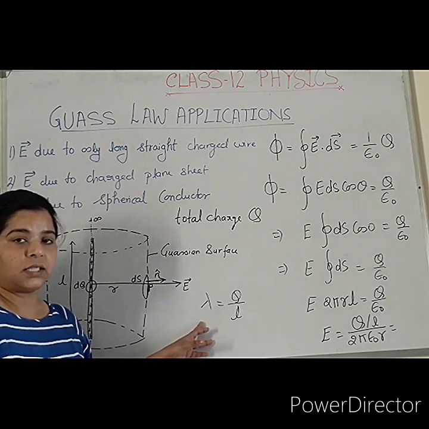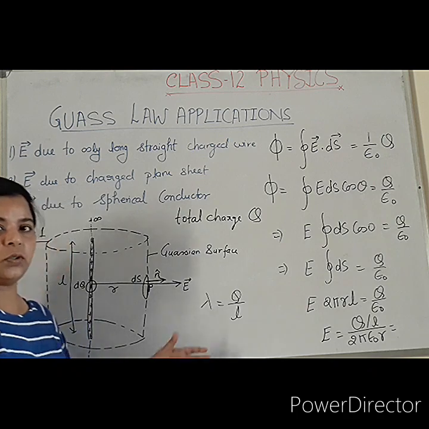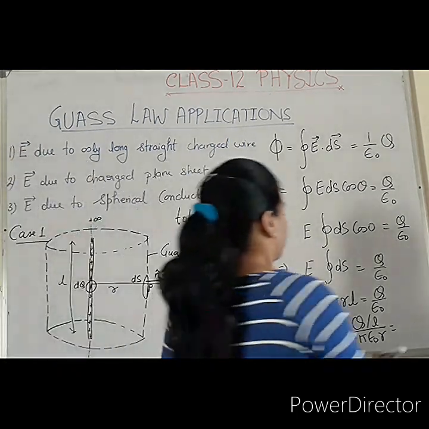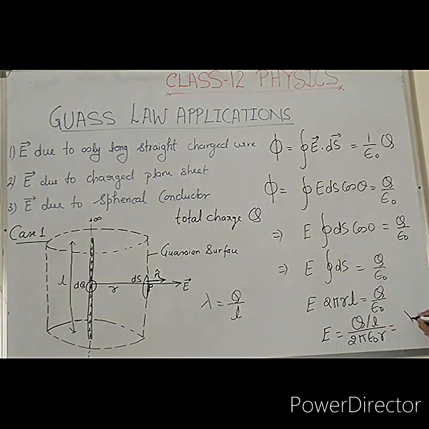It is a type of density, and density must be uniform throughout the wire. So in place of this value we can take lambda divided by 2 pi epsilon naught r. So this is the value of E.